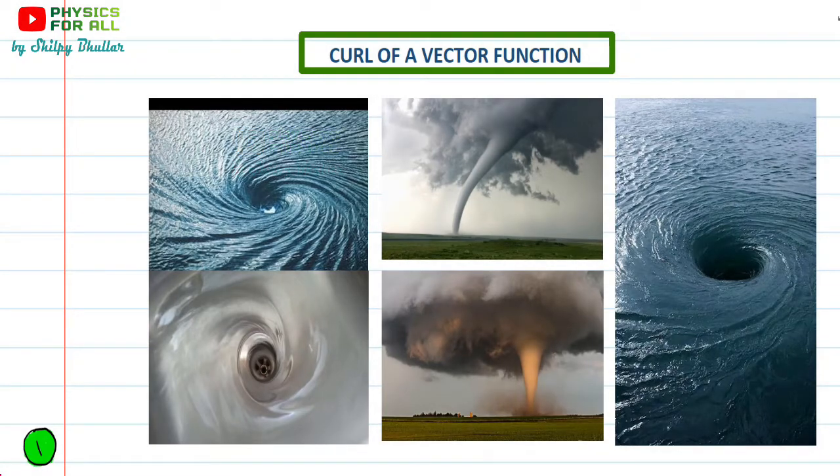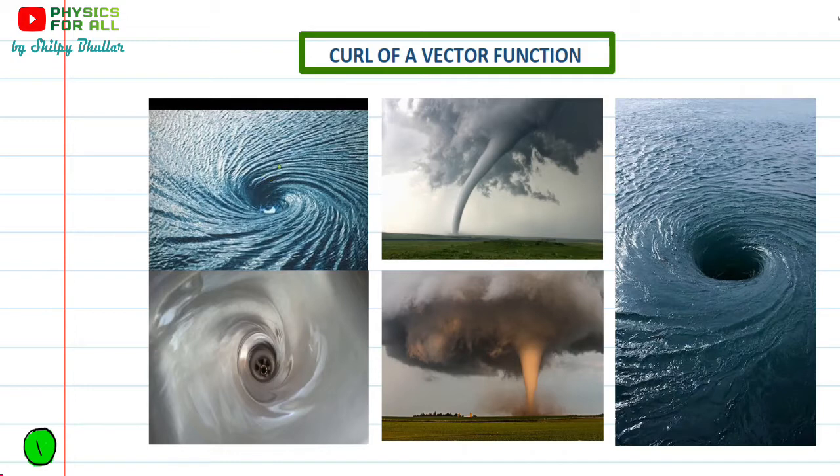If we consider water or the velocity of fluid flowing as a vector, or even the wind or the tornado, because obviously they have some magnitude and direction also, we can consider their curl.